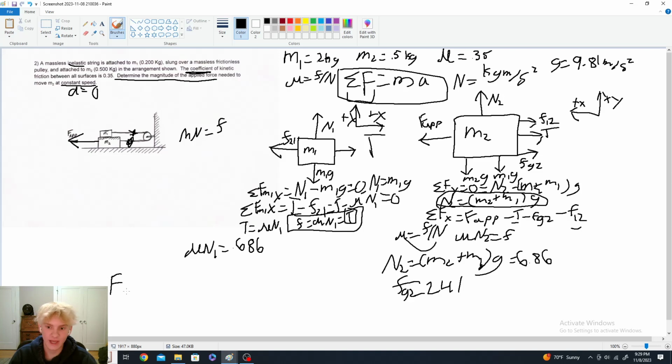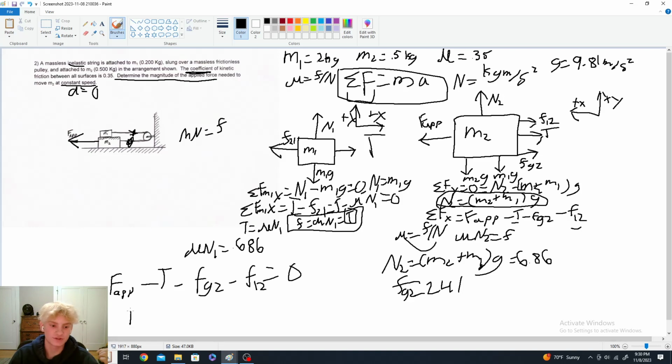So we have force applied minus tension minus force of friction due to gravity on number 2 minus force of friction from block 1 on block 2 equals 0.